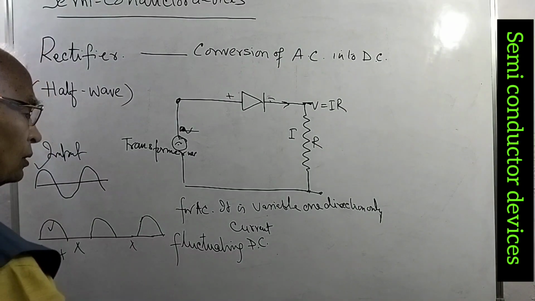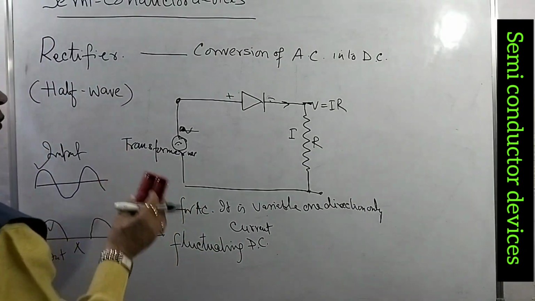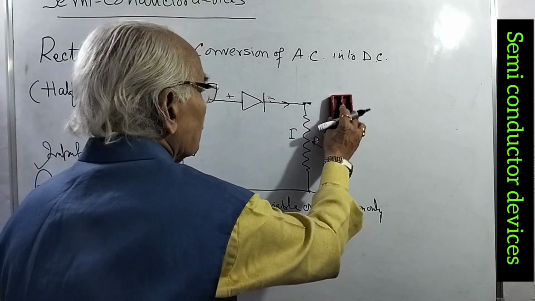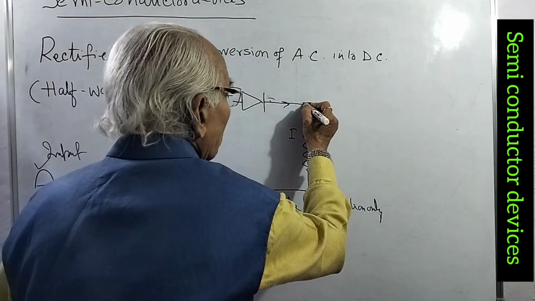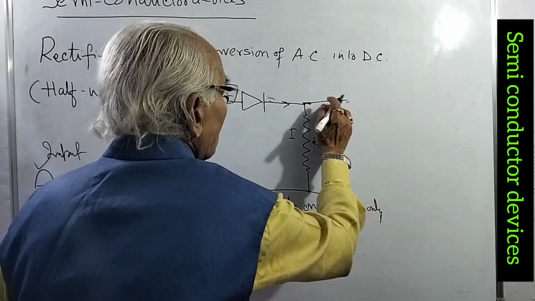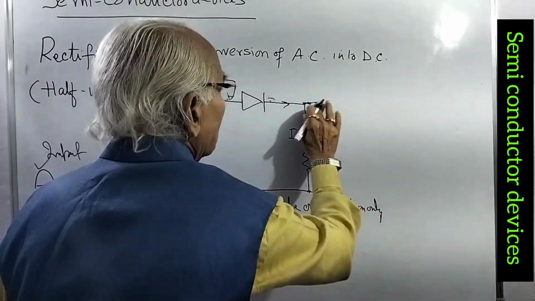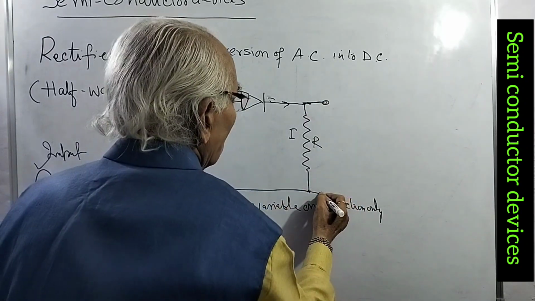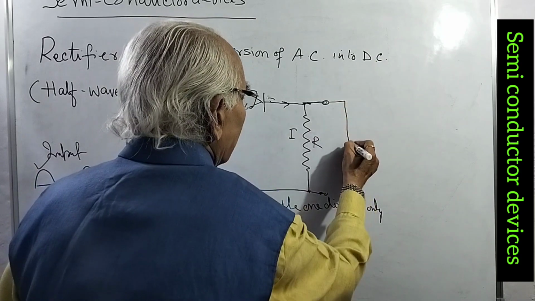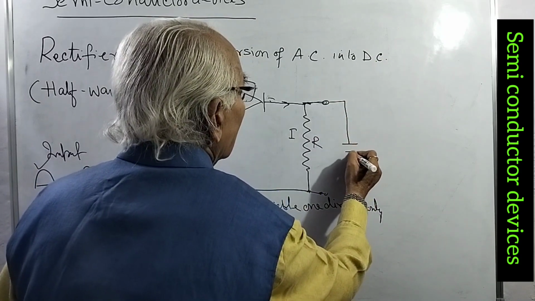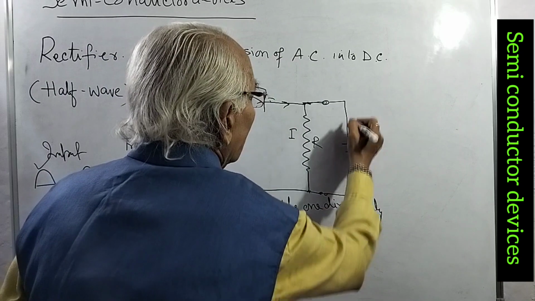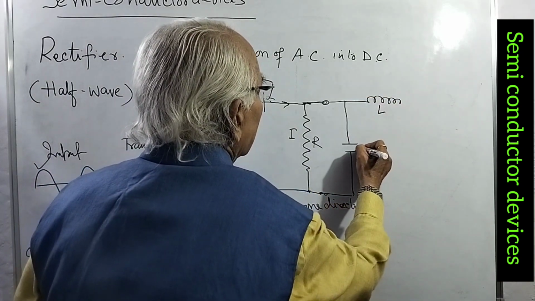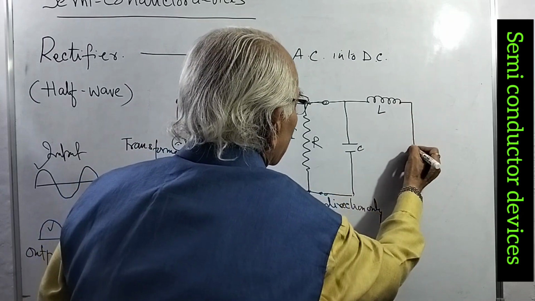What to do for the half-wave rectifier? What we do is take this fluctuating voltage and connect it to a capacitance and an inductance, L and C, and here also a capacitance.